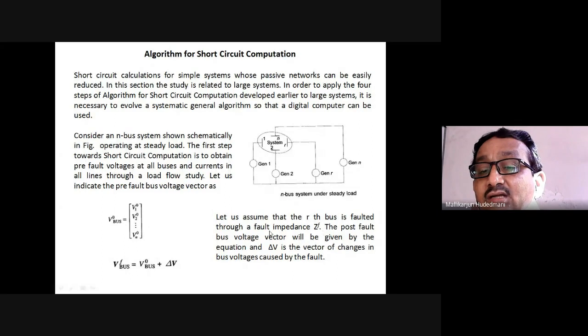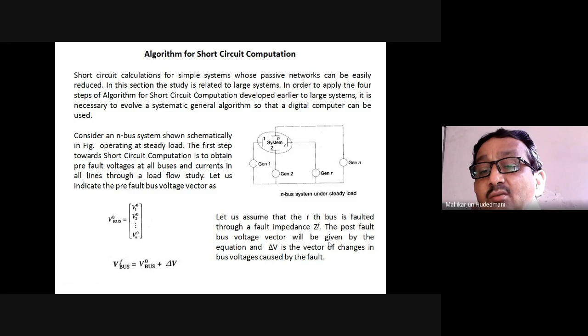Then let us consider a fault on bus number R. Let us assume the rth bus is faulted with the fault impedance ZF. The post-fault voltage vector is nothing but, once the fault has occurred, the prevailing voltage on all the buses of the given power system.